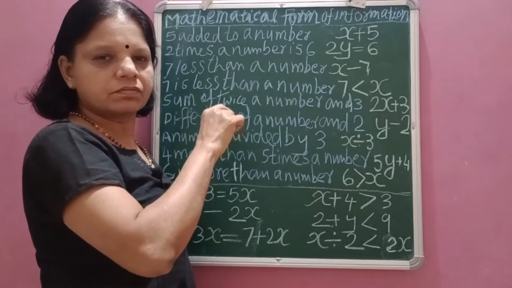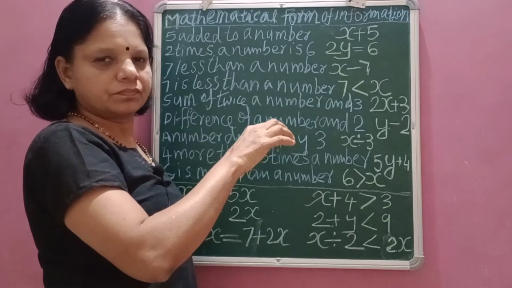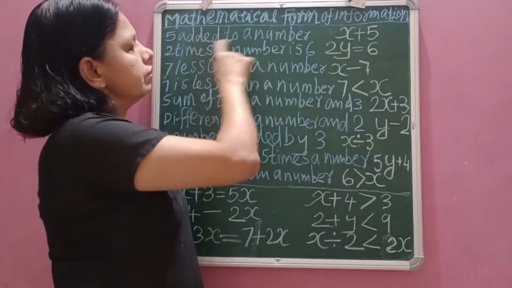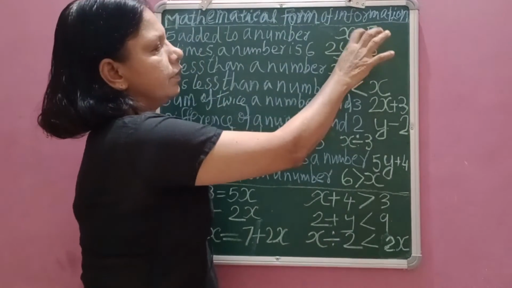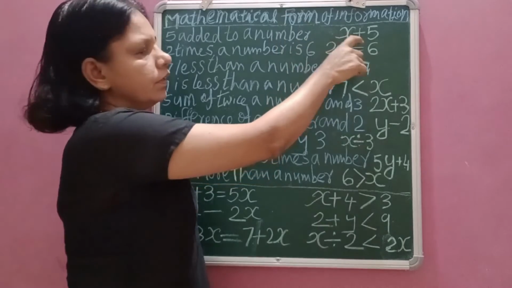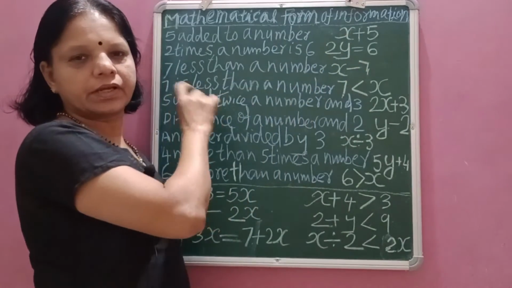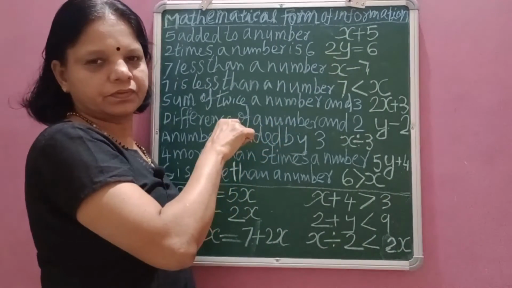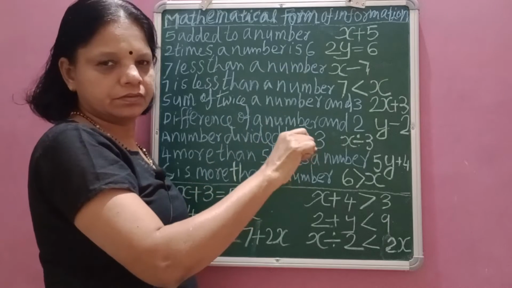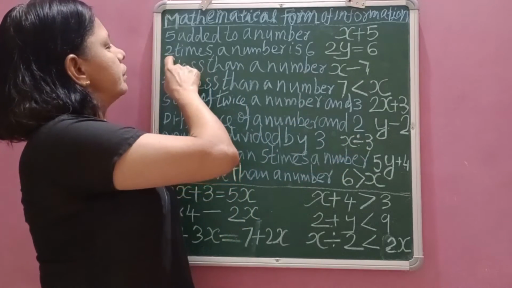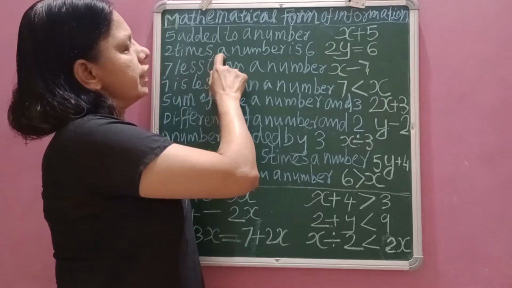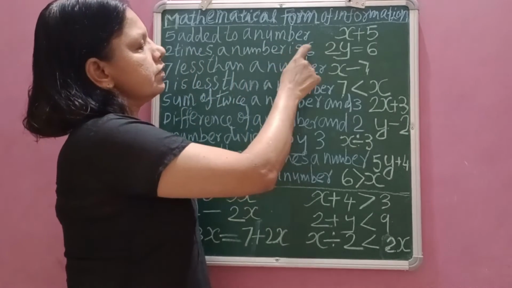Clear? Added means plus. 5 added, 5 you have to add to the number. For number I written X. So X plus 5. It is an algebraic expression.